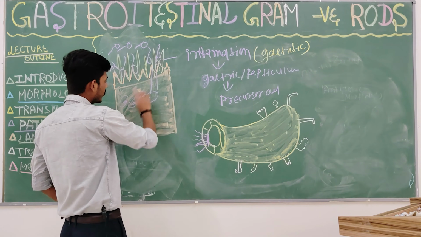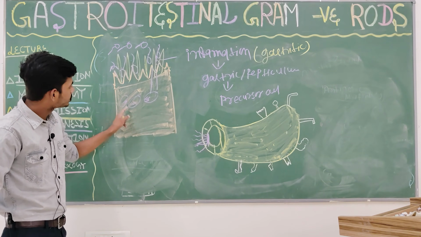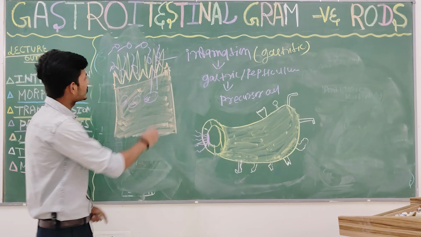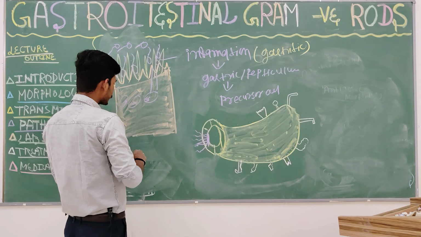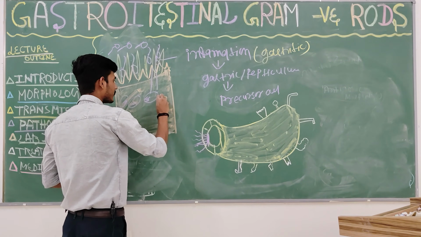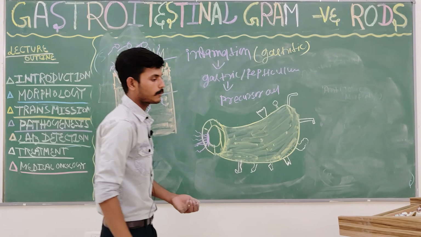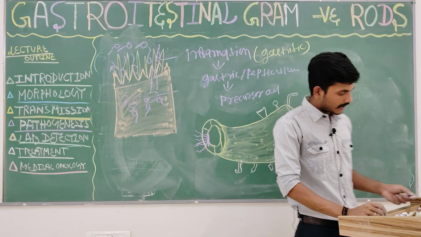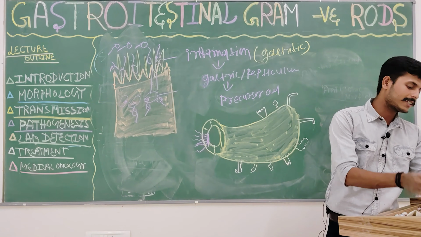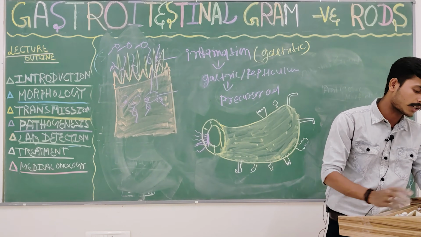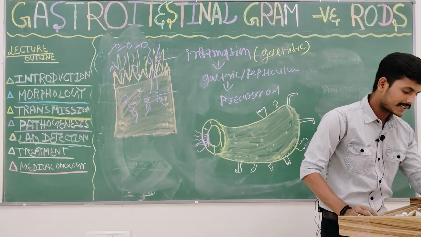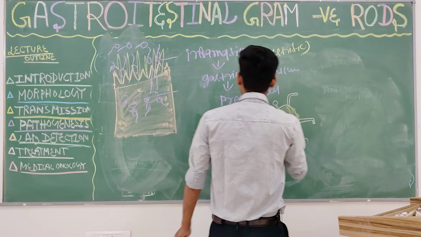Suppose this is the gastric epithelium nucleus, and this bacterium triggers it and secretes some abnormal protein. Whenever the abnormal protein is sensitized, cells lose the capacity of control, and there is a start of atrophy.